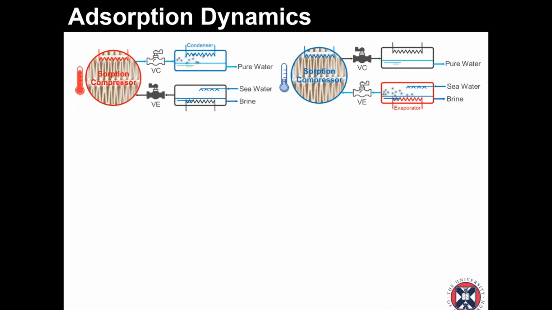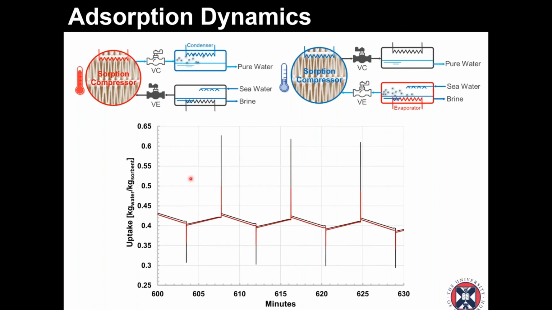Remember that the material works in between two extremes of relative humidity: the relative humidity, in other terms the pressure, set by the evaporator, and the pressure set by the condenser. So if we check how the uptake evolves, we will see this trend here.